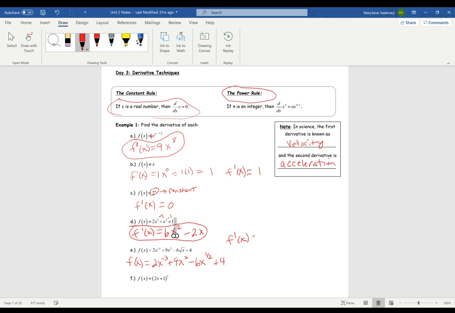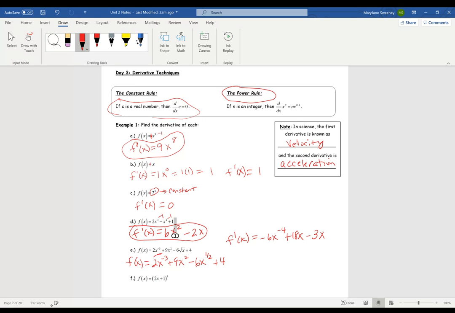So when I do f prime of x equals negative 6x to the negative 4th, I'm multiplying these and then subtracting 1 off of negative 3. Negative 3 minus 1 is negative 4, plus 18x to the first, minus, half of 6 is 3.